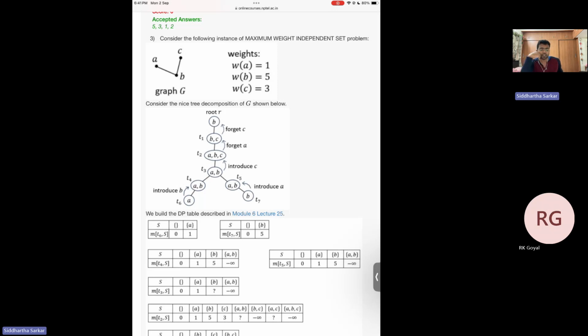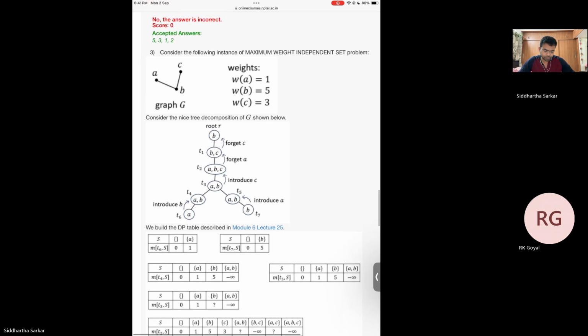So last time also we had seen a DP where we said that, okay, if you're taking a node, let's look at the previous DP for completeness. With this DP also one can find the maximum weight independent set in a tree.